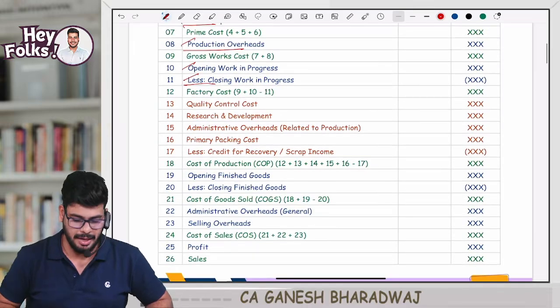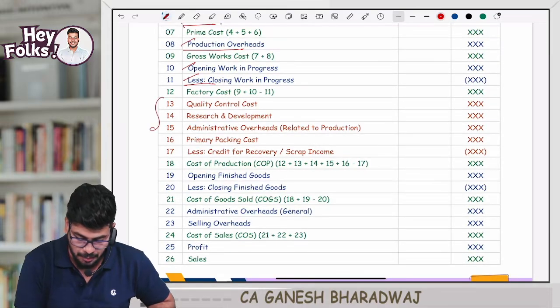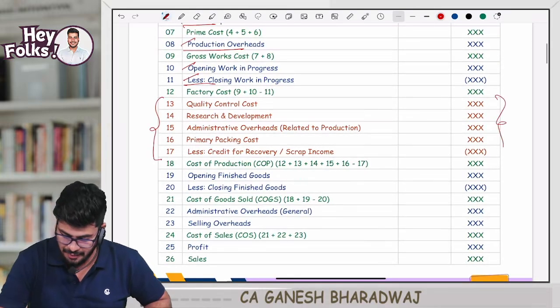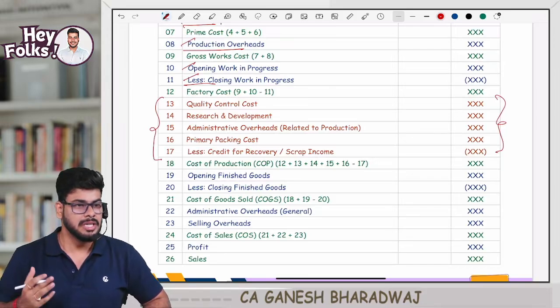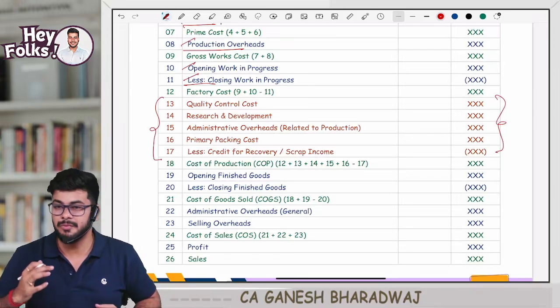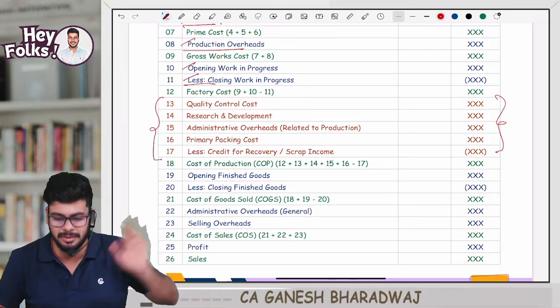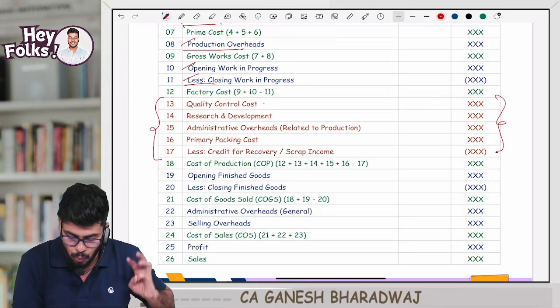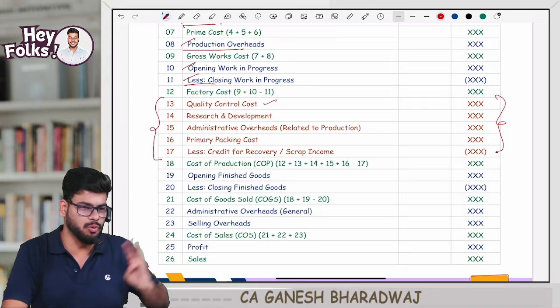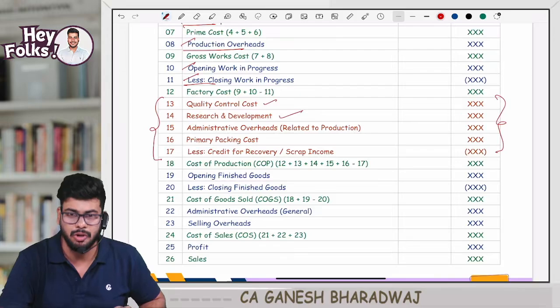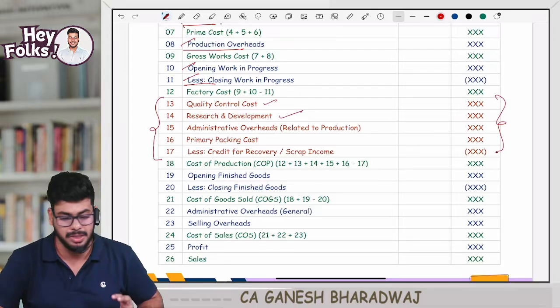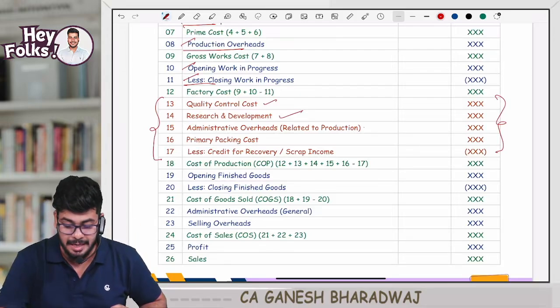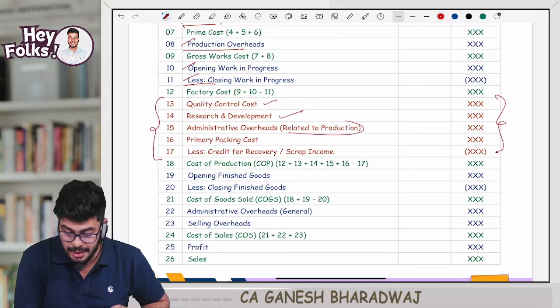Now what they have done is they have added some 5 line items here. Sir, what are these 5 line items? We have never heard of them. You never taught us. If you read this, one is called quality control cost. Then you have research and development cost. Then you have administration overheads related to production.